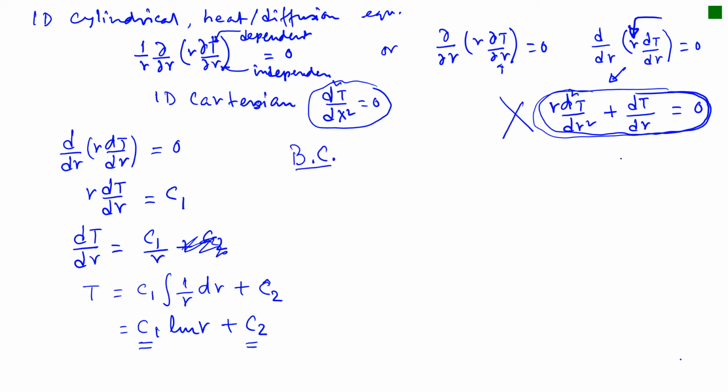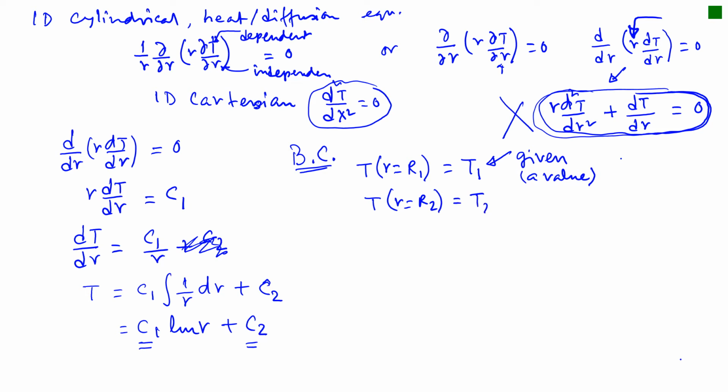This particular one is for value given boundary conditions. So T at r equal to r1 is, let's say, T1. This is given. It's a value. And then T at r equal to r2 is T2, the same. With that we want to solve for C1 and C2.